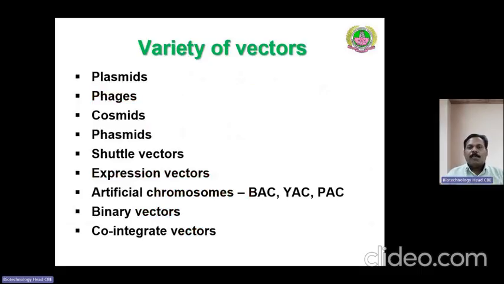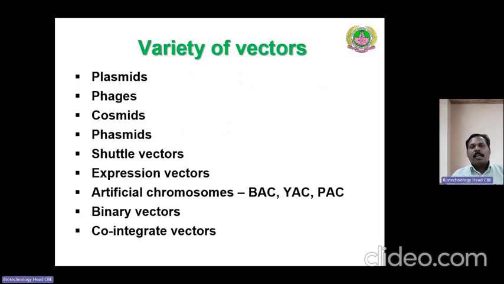Now let's see the variety of vectors that are routinely used for gene cloning purposes. The first and foremost are the plasmids, which are widely used for gene cloning. Other than plasmids, we have phages, cosmids, phasmids, shuttle vectors for shuttling between host systems, and expression vectors to produce recombinant foreign proteins in the host systems.